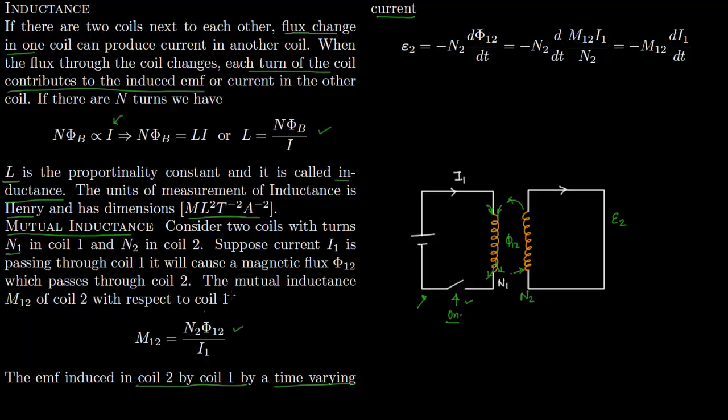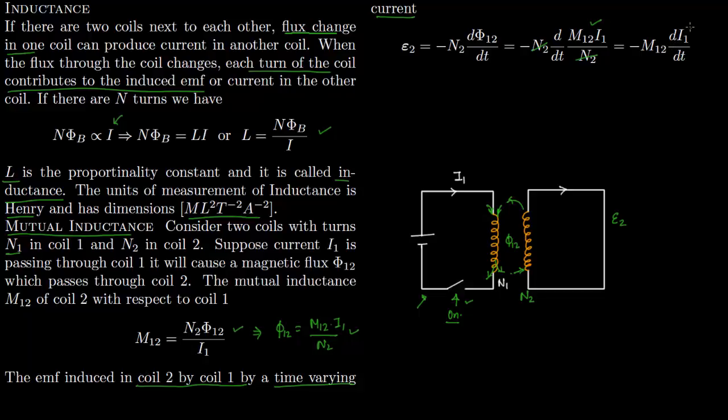From here you can see the flux phi 12 is M12 times I1 over N2. So you plug this into the equation right here. The proportionality constant comes out, N2 cancels with N2, and you get minus M12 times dI1 by dt.